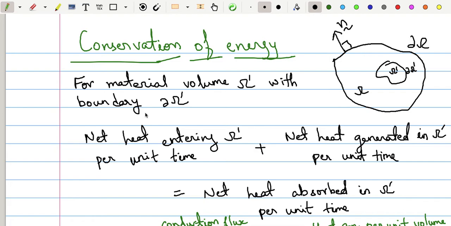What is the immediate effect? The mass remains same. Material will not enter or leave the material volume. Heat can enter and leave, but material cannot enter and leave. And the mass of this material volume is constant.